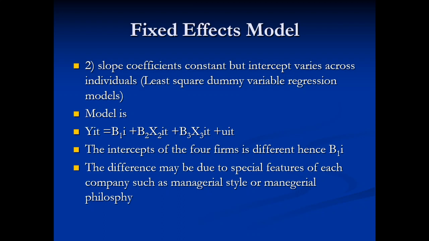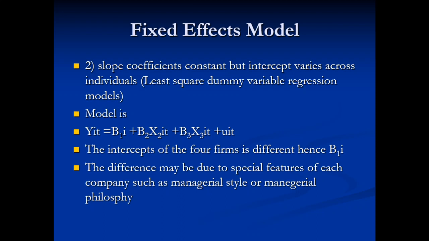So here the slope coefficients are kept constant, but the intercept varies across individuals. It is called the least squares dummy variable regression model. It means that across the four companies, the slope coefficient, that is beta, may be the same, but the difference lies in the intercept between these companies.